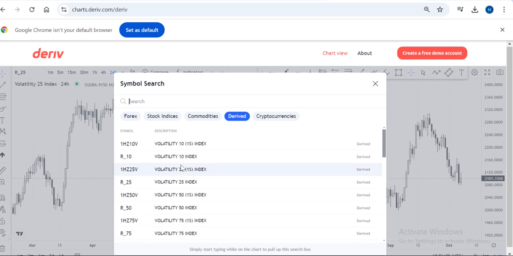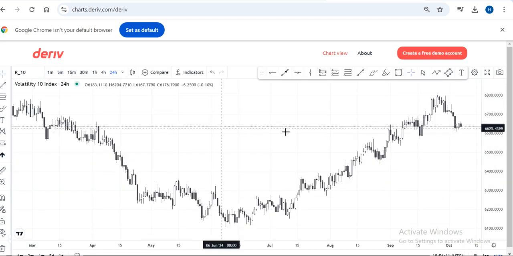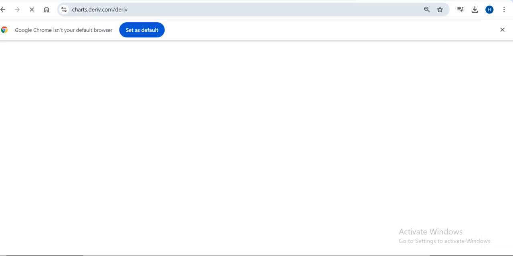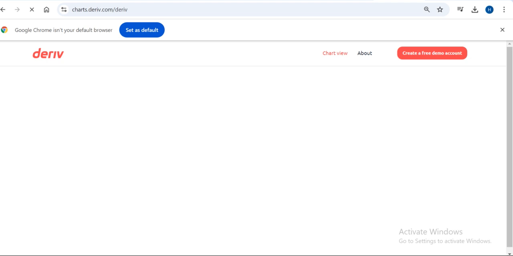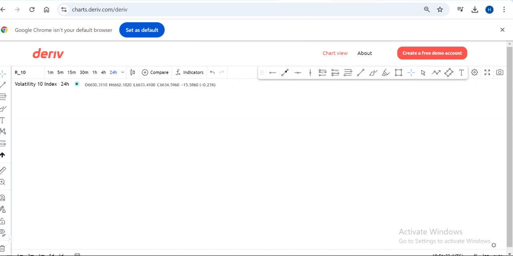Good. So now, I focus on trading what we call the volatility 10, which is this market. Then I'll duplicate it and duplicate it again. On this second phase, I opened three different tabs. On the first tab, I analyze volatility 10.